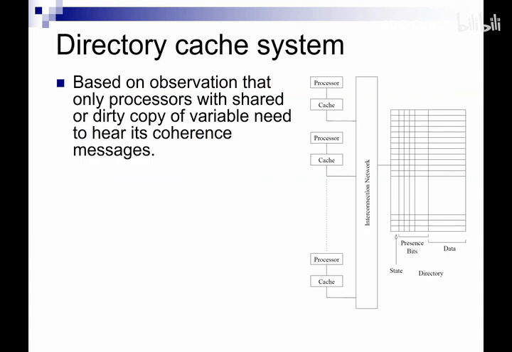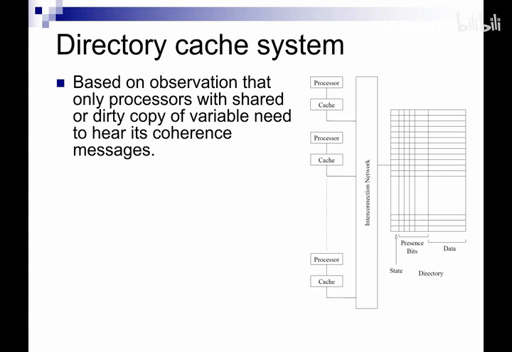To deal with this communication bottleneck, people have tried implementing different types of caches. For example, the directory cache system. Here the observation is that when you make changes to a variable, the only other processes which care about the change and which need to know about it are the processors that have this variable in the shared state or in the dirty state.